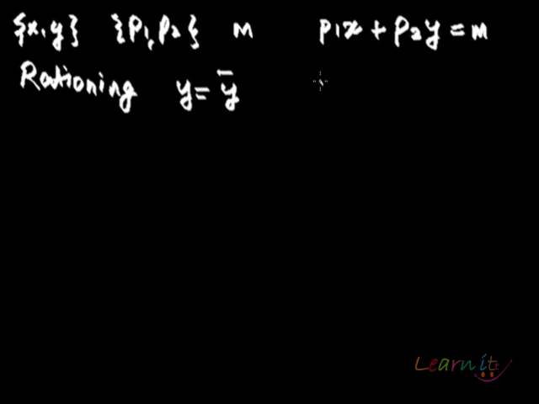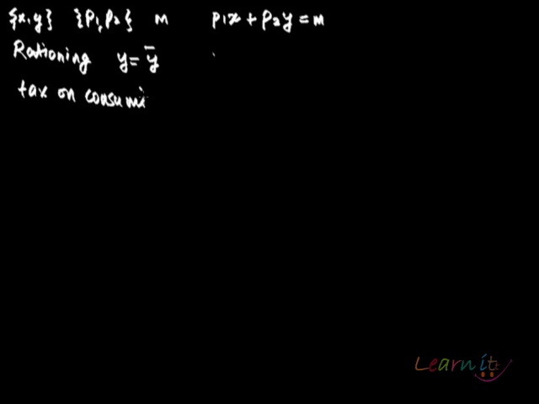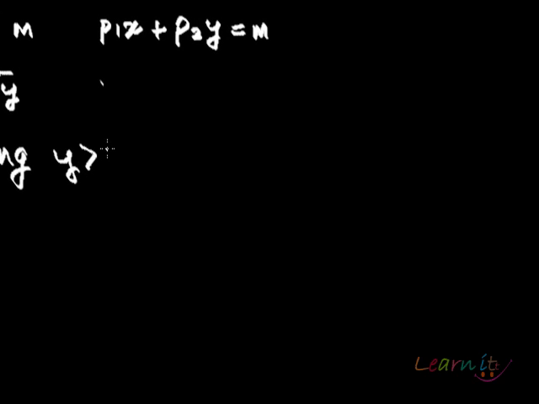So, and there is a tax on consuming Y which is greater than Y bar.